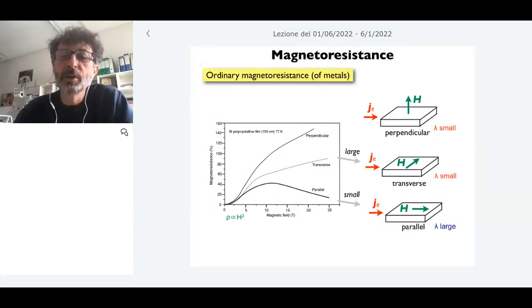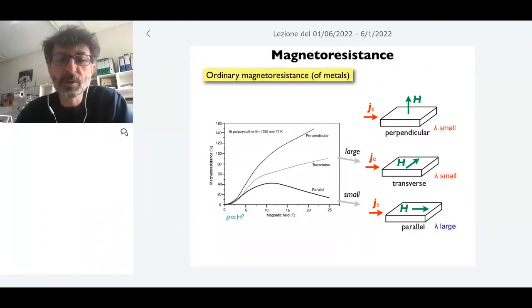So you also expect that this change in the mean free path would not be the same if you apply the magnetic field parallel to the current or perpendicular to the current. And these are the three cases that you can do if you study the conductivity in a thin film, for example. And here you have the case of bismuth.